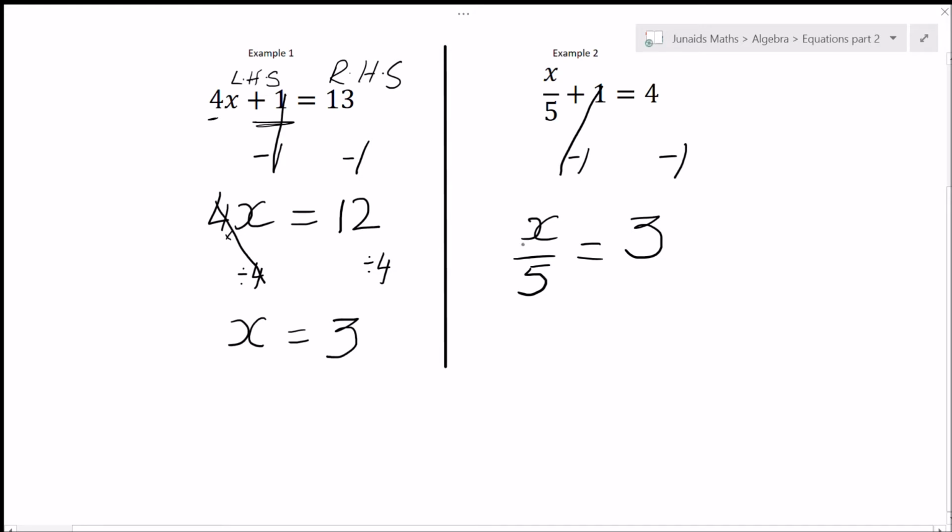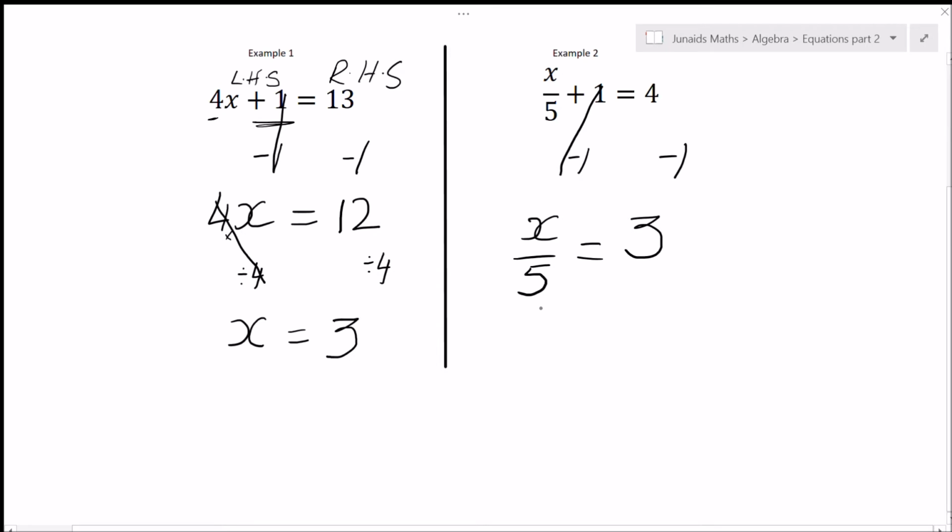And how do we read this? This is x divided by 5 equals 3. Or in other words, something divided by 5 is going to give us 3. And again, sometimes you can solve from here using your mental math skills. Do not use that, as I've mentioned in my previous video.